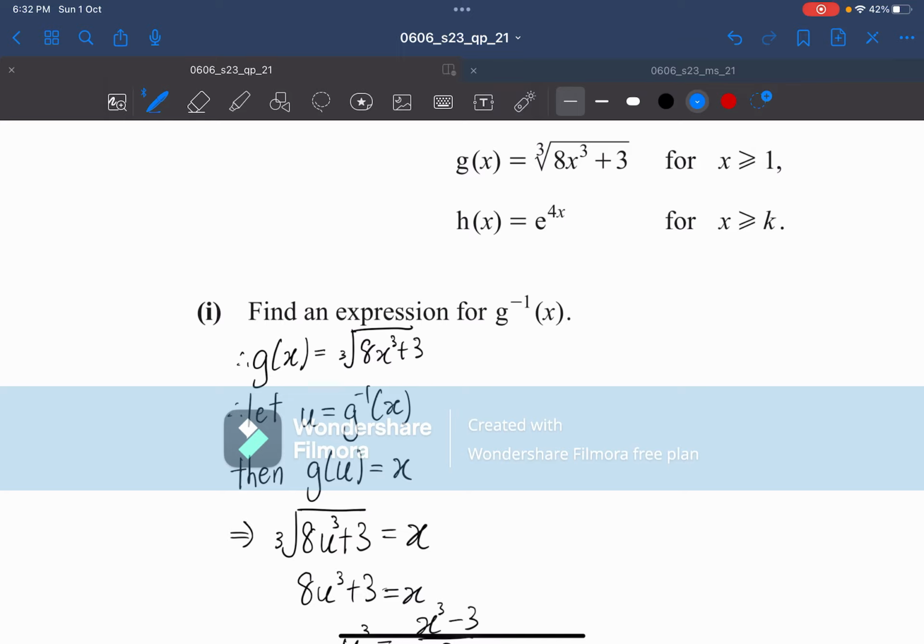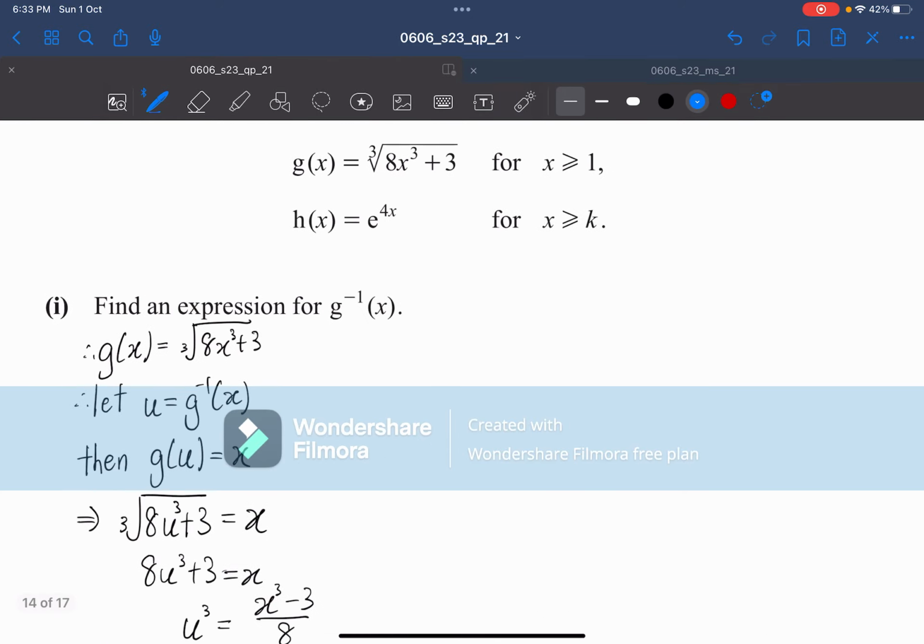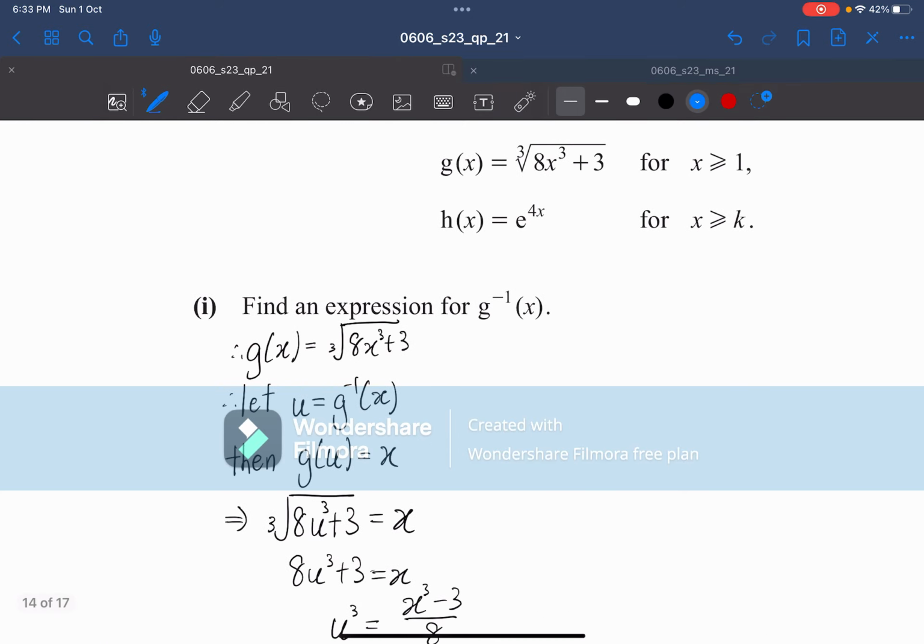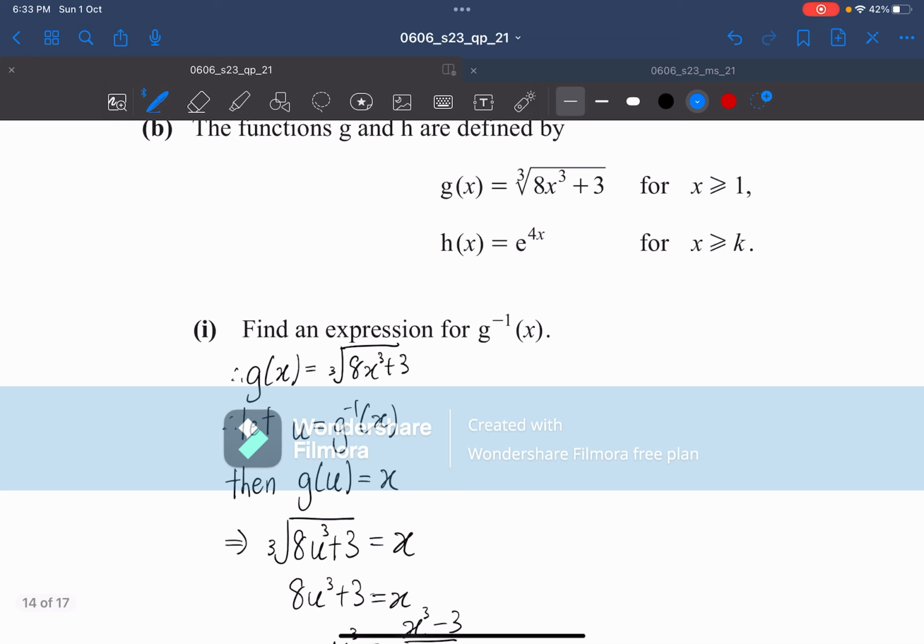This is the proper way to find an inverse. So we let u equal the inverse, and g(u) is equal to x. This is the proper definition. So basically it's pretty much just g(g⁻¹(x)) is equal to x. This is the definition.